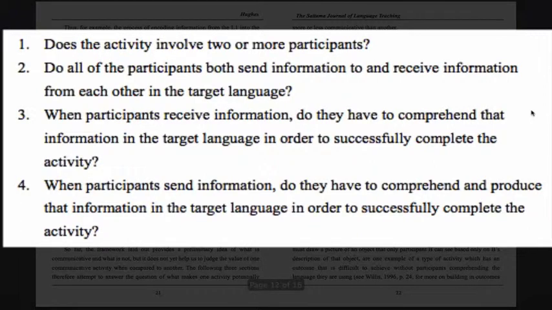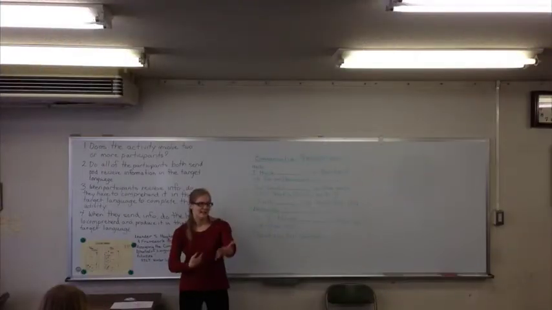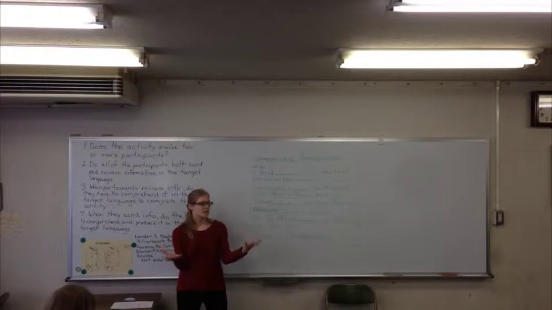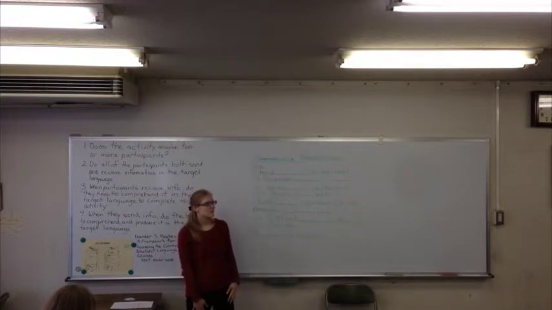All information that is received has to be received and understood in the target language, and all information sent has to be sent and comprehended. They have to make it and then send it in the target language. So that's what makes it communicative.